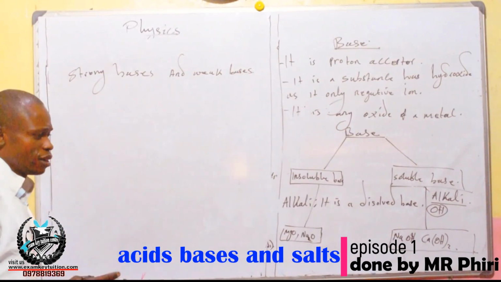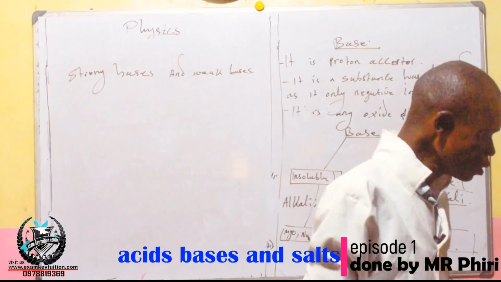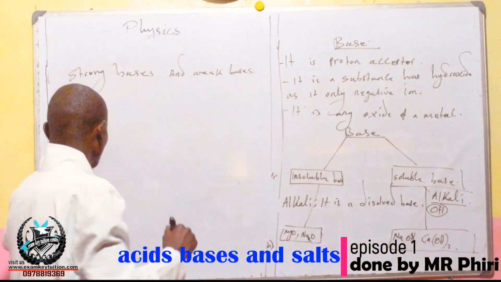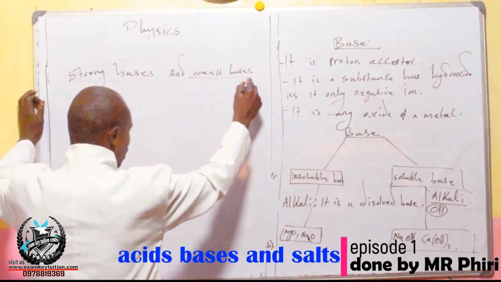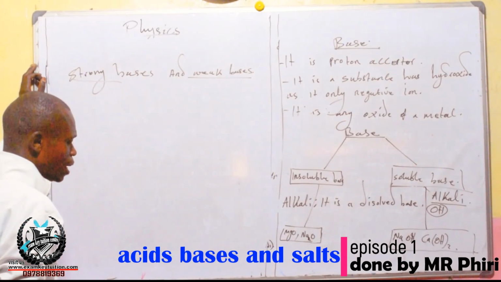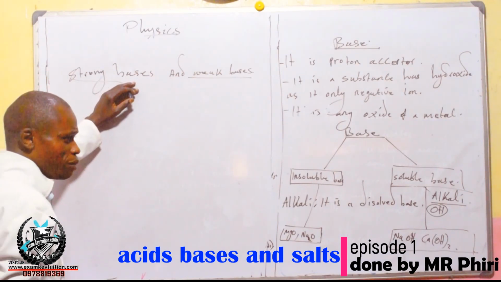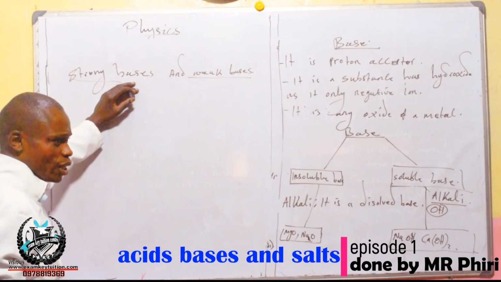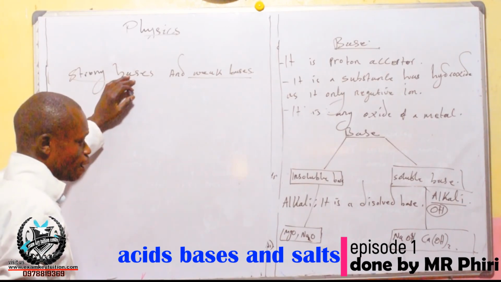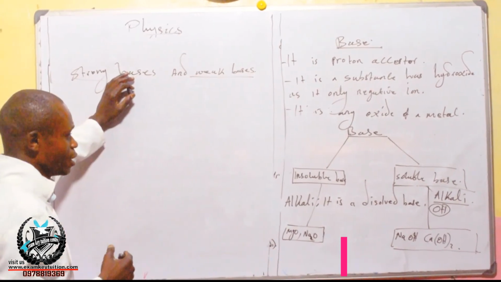Strong bases are those which ionize completely, while weak ones do not. In other words, strong bases are those having a pH value greater than maybe 12 or 13. Let me say greater than 11.